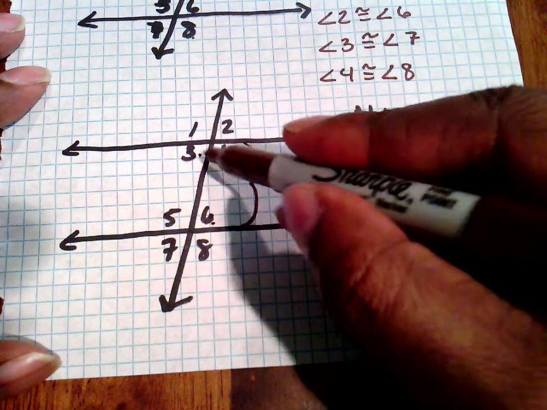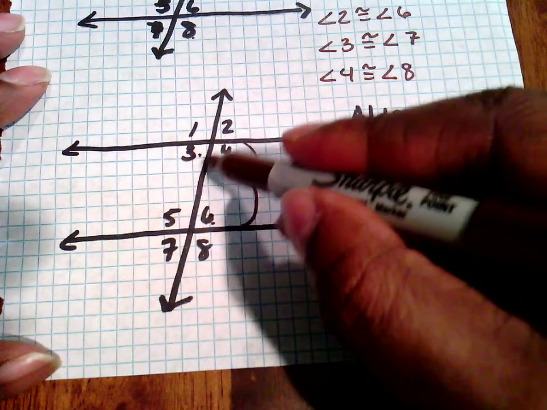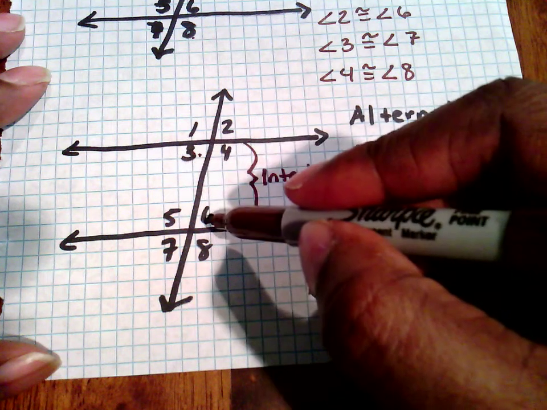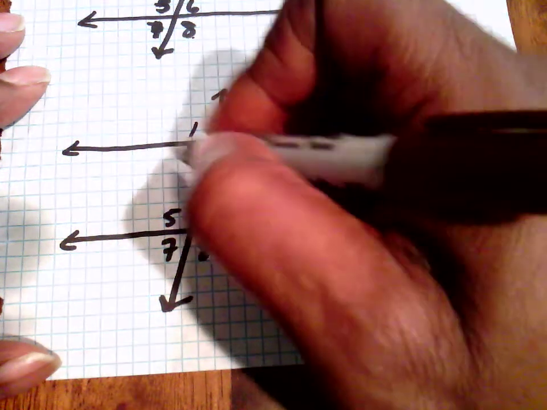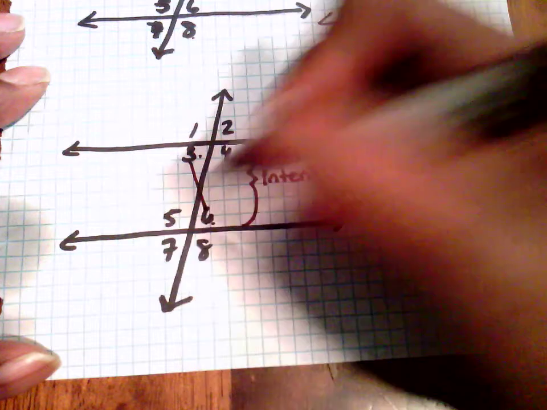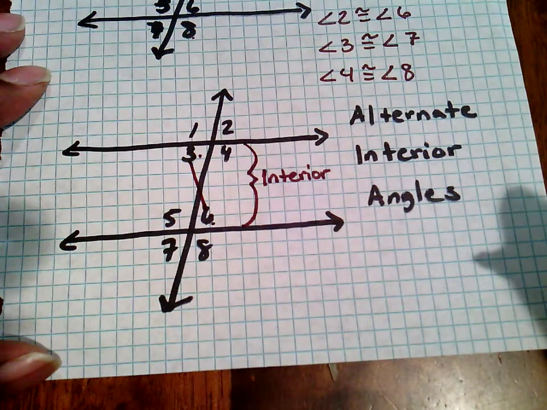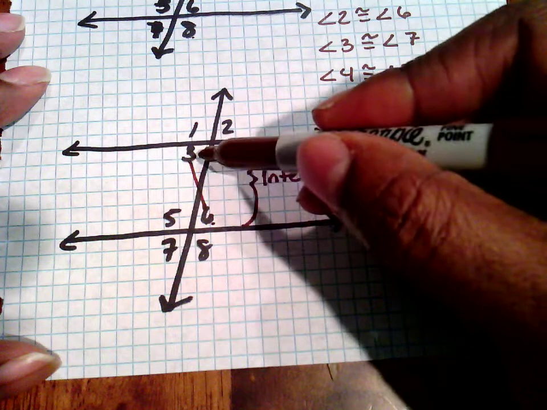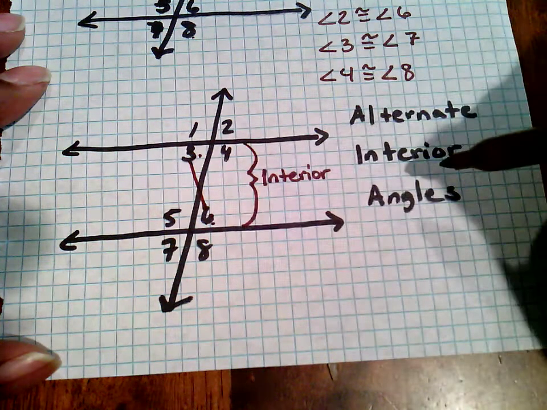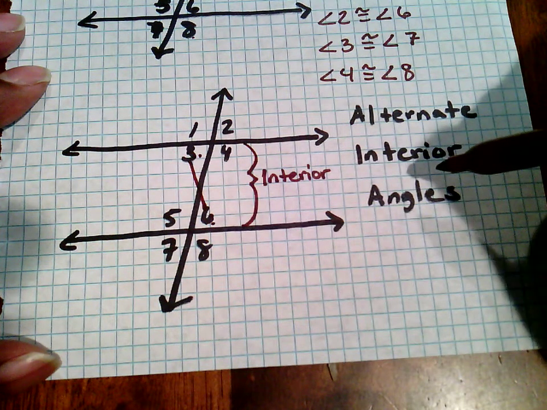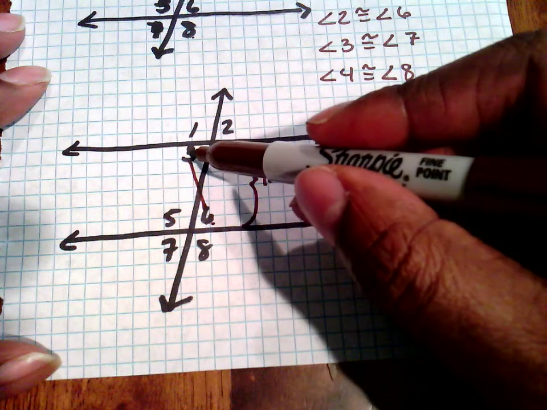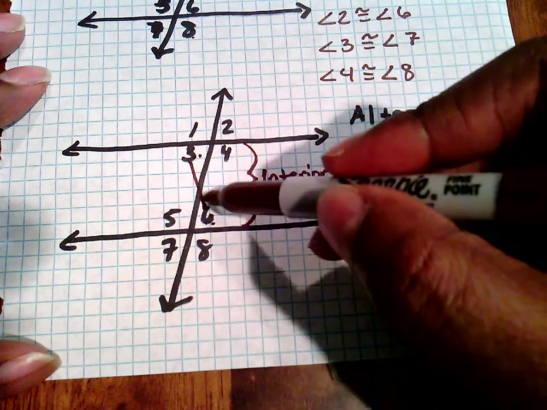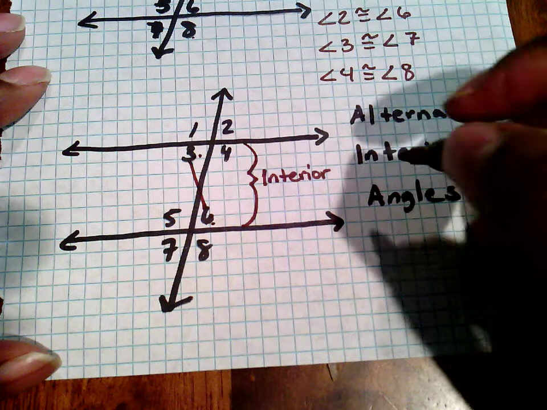But here we don't quite have the intersection, but we have our transversal. So we look at them in a similar way, alternate interior. So angle 3, if we look across in this manner, angle 3 and angle 6 will be considered alternate interior angles. And also if you take notice of the openings of angle 3 and angle 6, they're very much identical.